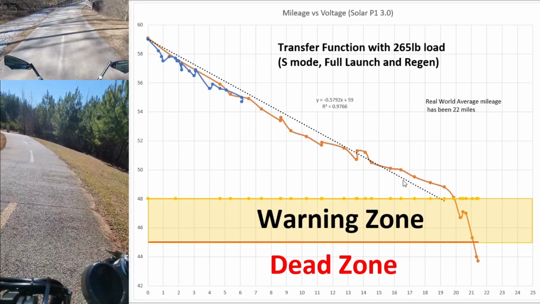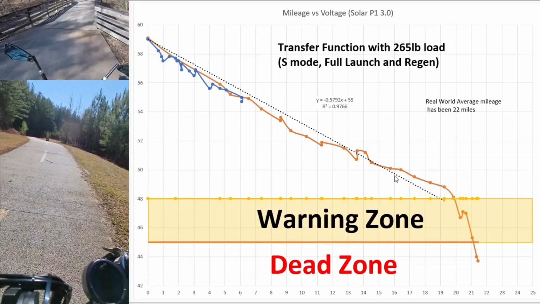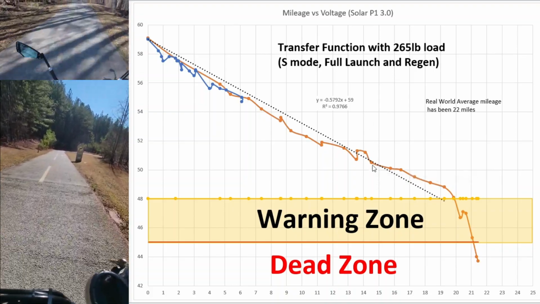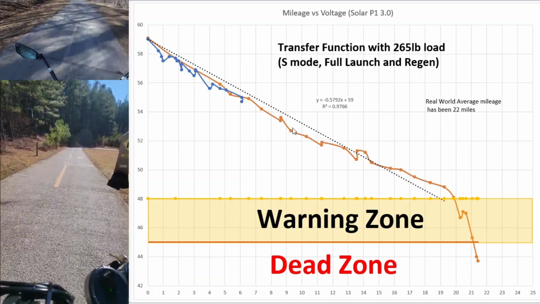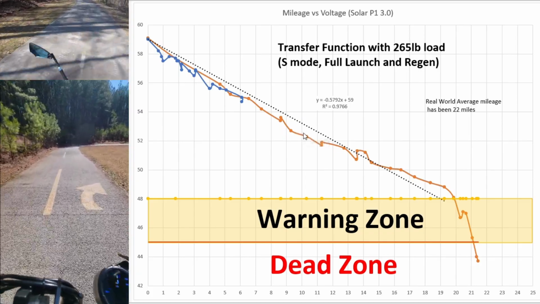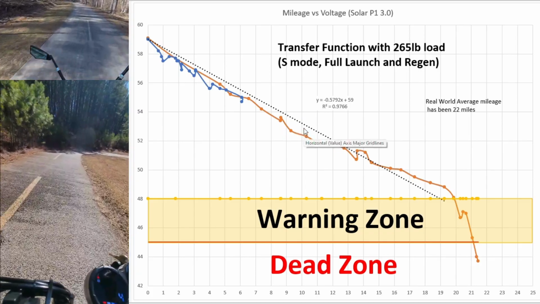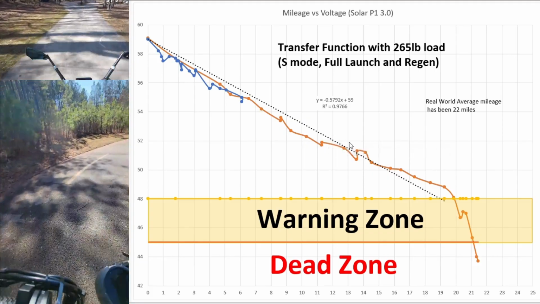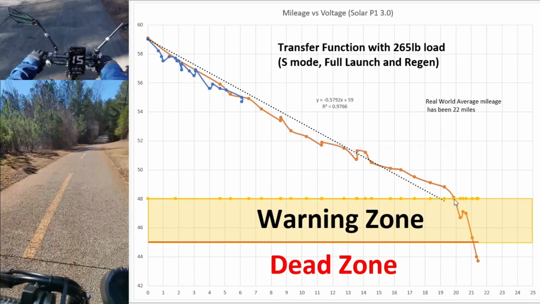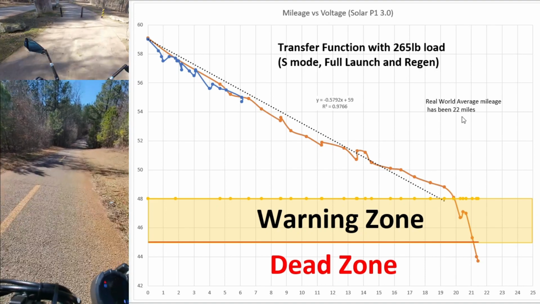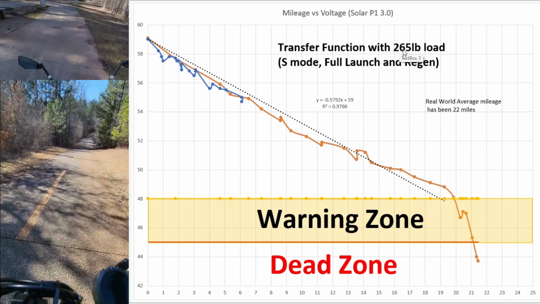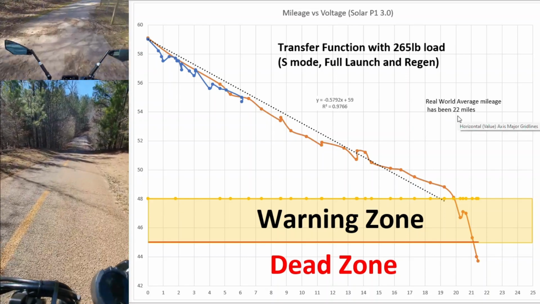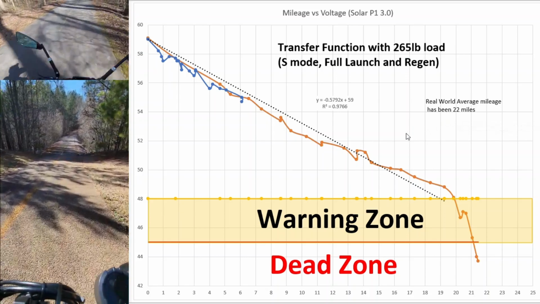That can be different depending on different loads on the motor, maybe my gear is a little bit lighter one day, but probably the bigger thing is not driving as fast, or hills. So you're going to get some variation around that. On average, as a 265-pound rider, I'm getting about 22 miles on the Solar P1 3.0.